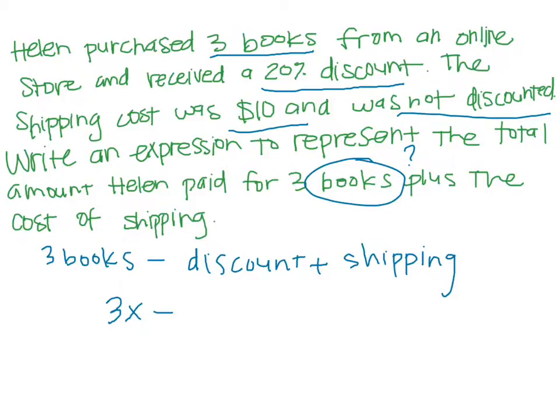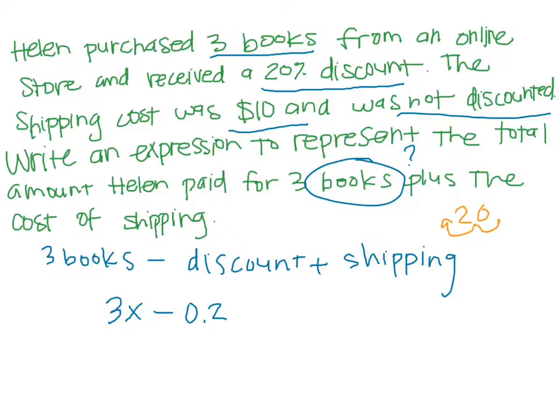Minus my discount was 20%, and off to the side let's move that percent to a decimal. So we'll take our decimal and move it 2 places to the left, which gives me 0.2. And that discount is on all 3 books.